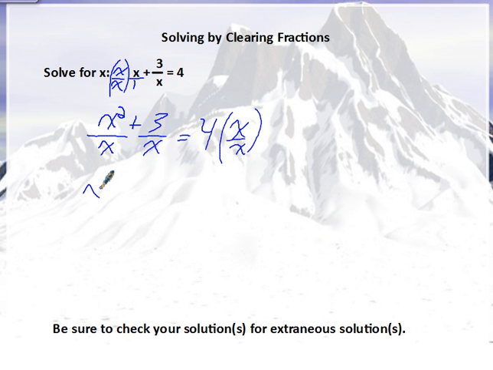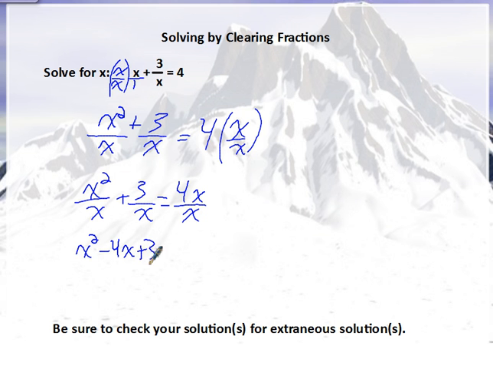So I'd get x squared over x plus 3 over x equals 4x over x. Now we have one denominator, and I'm going to subtract 4x here. So I'd get x squared minus 4x plus 3 over x equals 0.